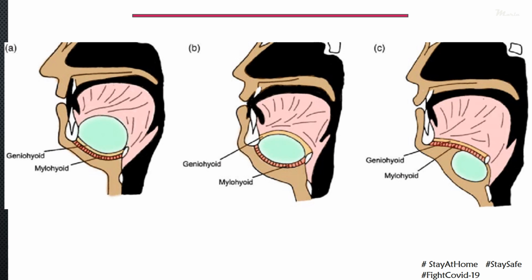First image shows a large ranula in the floor of the mouth. Please note here that the ranula is still above the muscles of the floor of the mouth. The second image depicts the extension of the mucus below the geniohyoid muscle, but it is still contained within the mylohyoid.